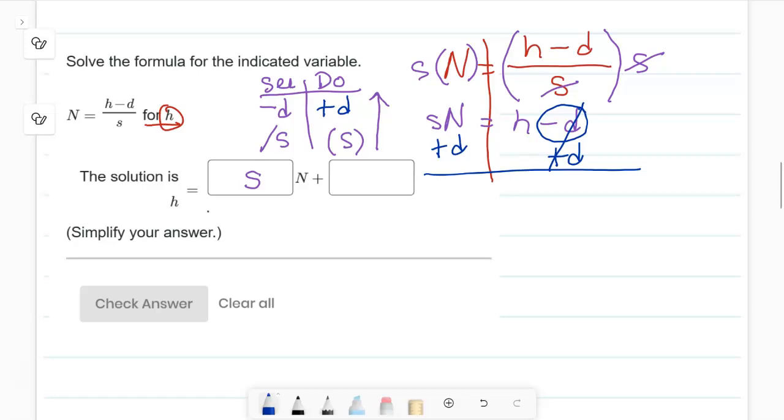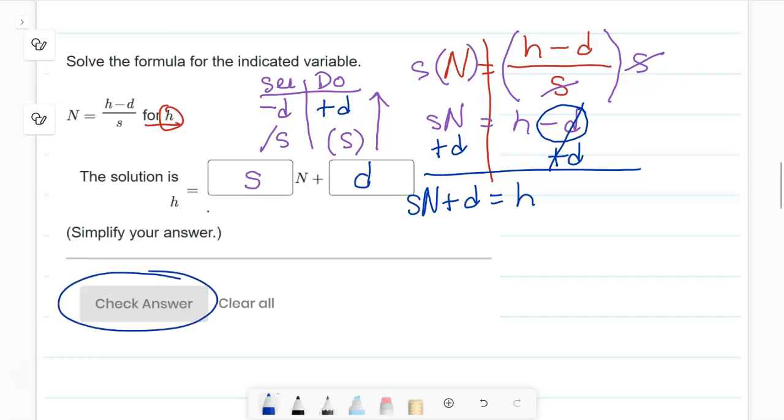Plus, what letter are you going to put in here? D. And then you read it. It says SN plus D. Well, what does this say? SN plus D. S, capital N, plus D equals to my H. Okay, make sure that it's a lowercase s and a lowercase d. And then you check your answer. Again, your letters might be different than mine, so make sure that you're paying attention to that or you're going to get it wrong.